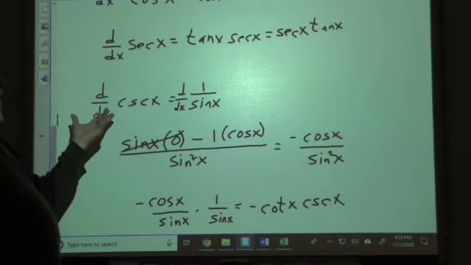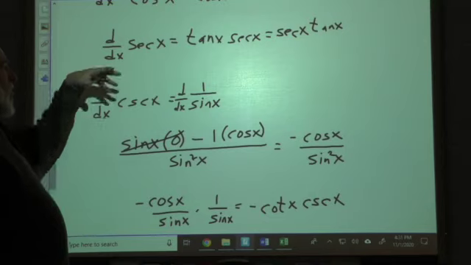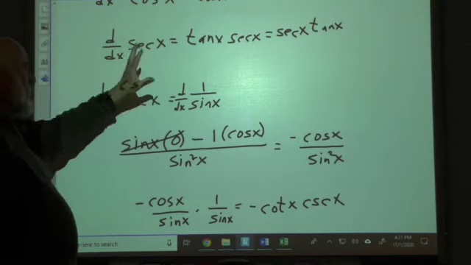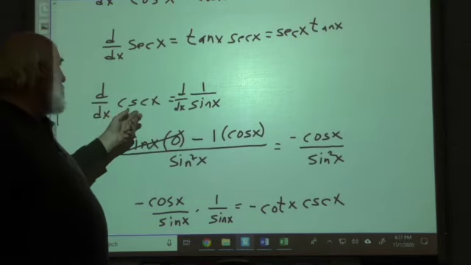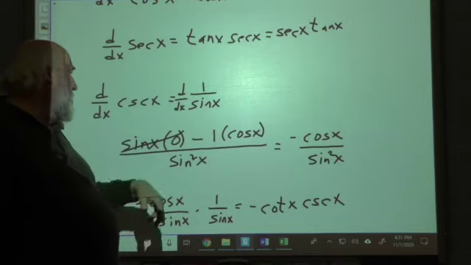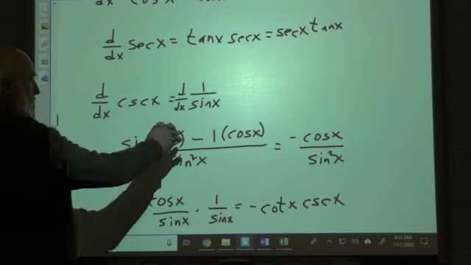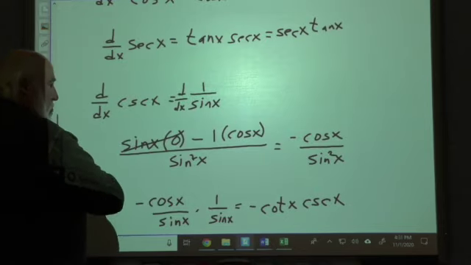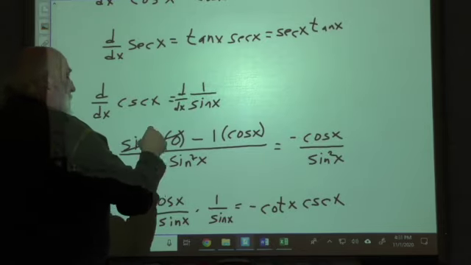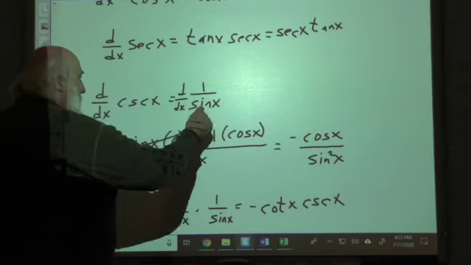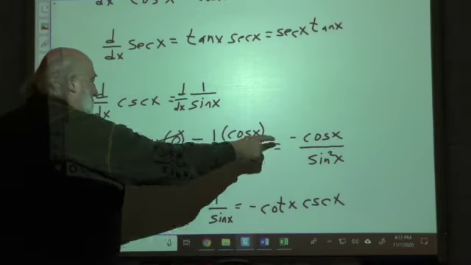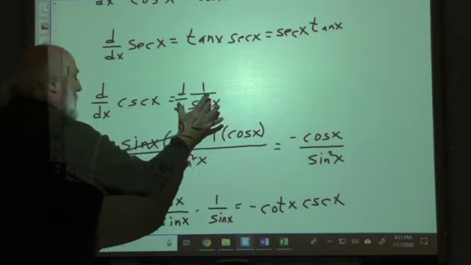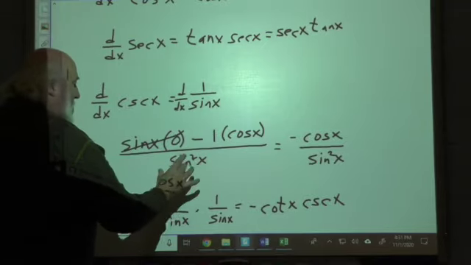Now, for the cosecant of x, it's exactly the same idea as the secant of x. You start with the inverse of cosecant, which is 1 over sine. And we do the same thing. You take sine of x times the derivative of 1, which is 0, that drops that thing out, then 1 times the derivative of sine of x, which is cosine of x, over the square of that denominator.